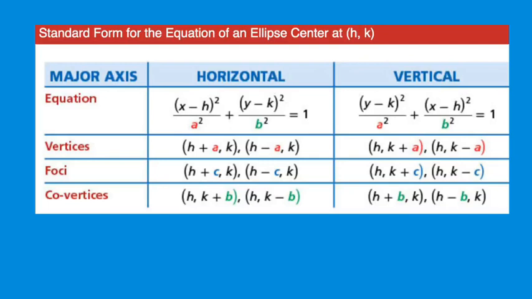Let's look at some more of our equations where the center isn't at 0, 0. As you know, this familiar h, k represents the possible x and y values of the center.